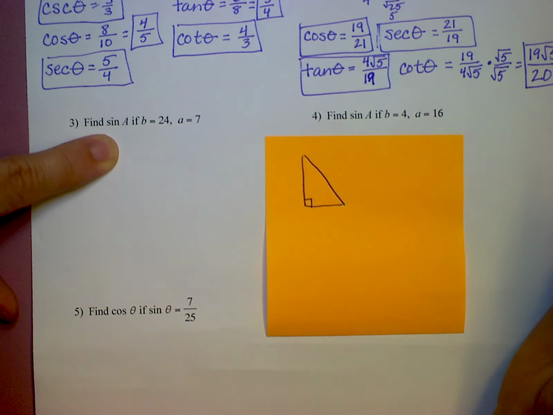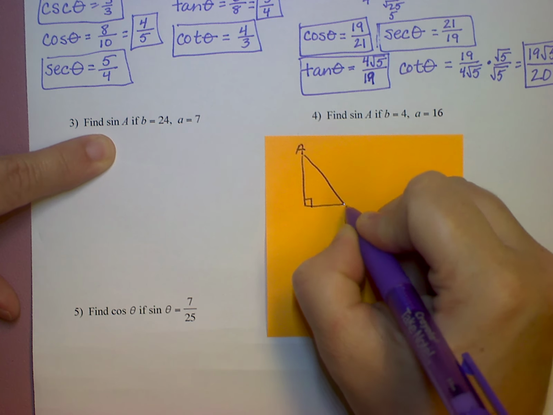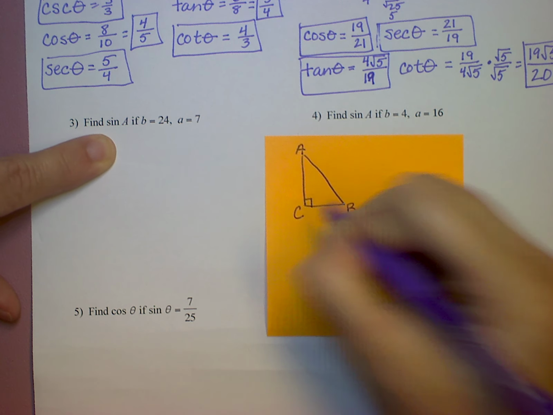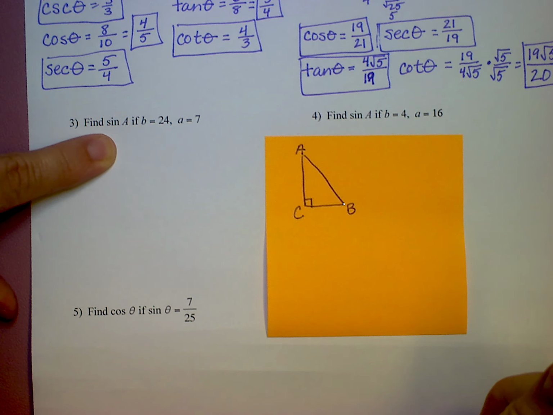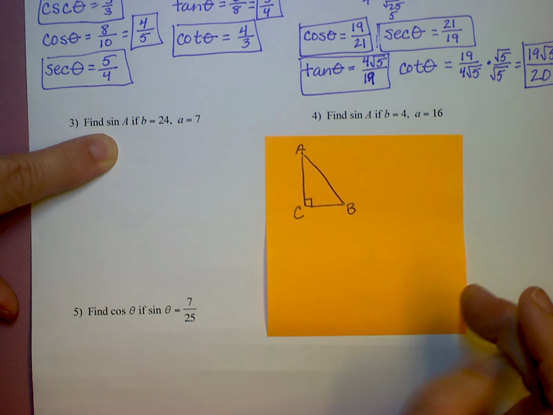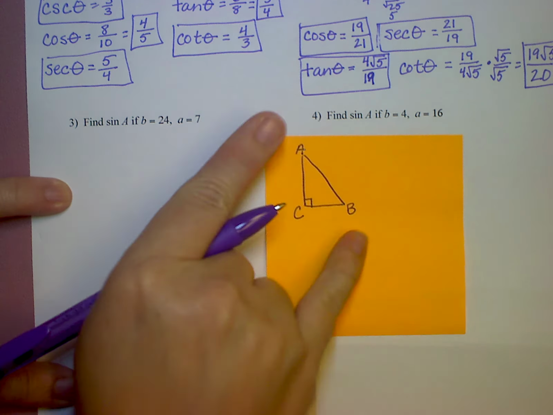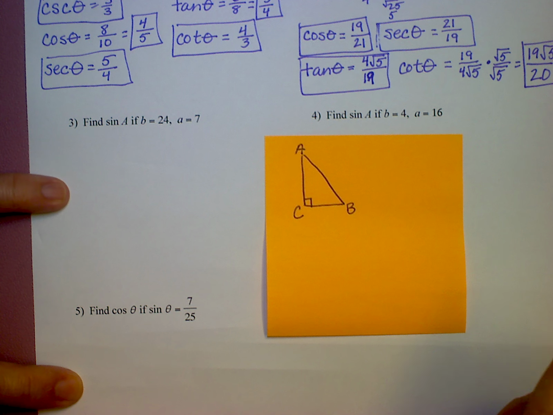The capital letters are representing the angles. Now, it doesn't matter which angle you label A or which angle you label B, but it does matter that the right angle is angle C. So label your C angle first, and then A and B, they're interchangeable. Doesn't matter. Angles are capital letters.